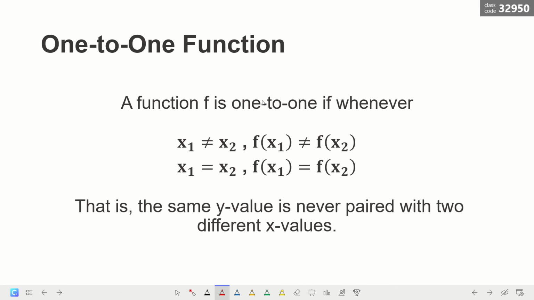For a one-to-one function, aside from each x value corresponding to only one value in y, each value in the range also corresponds to only one value in x. Therefore, we have a unique pairing, so you cannot pair it with other numbers.